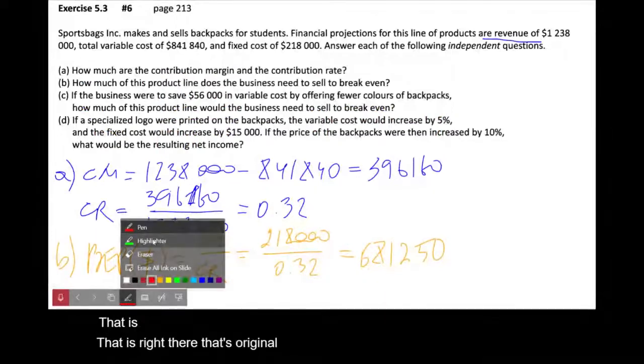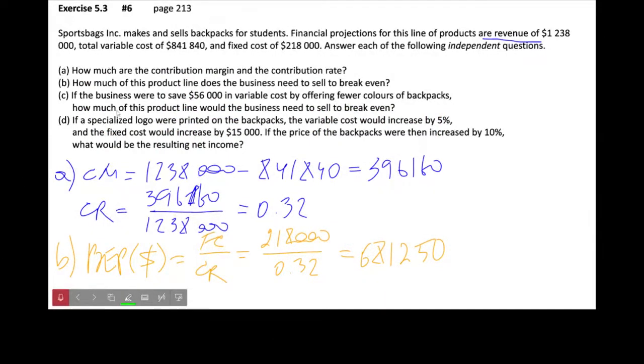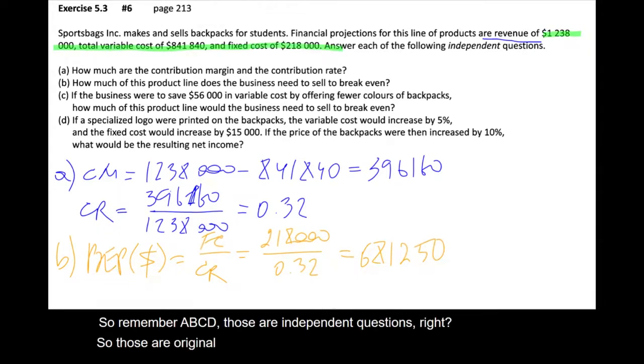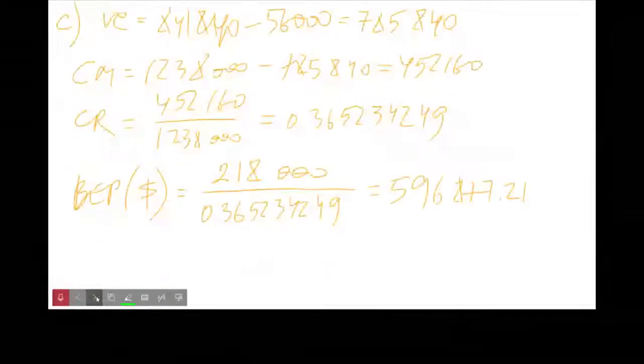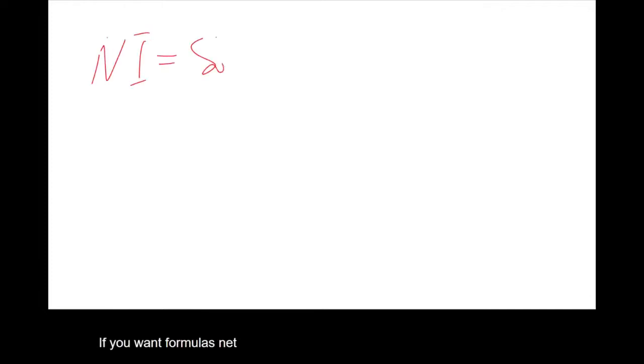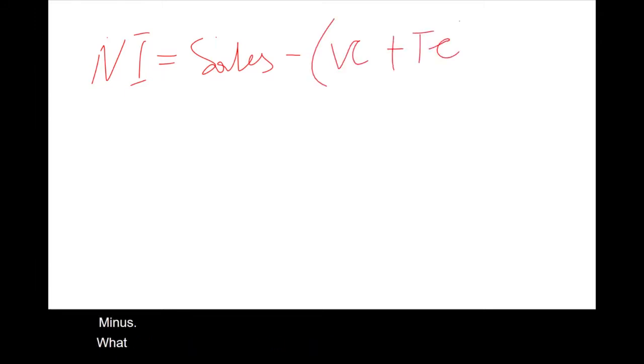Those are the original numbers. So remember, A, B, C, D, those are independent questions, right? Yes. And the formula for net income, because I didn't write it down, sorry. The formula for net income would be, well, if you want formulas, net income is sales minus VC plus FC.